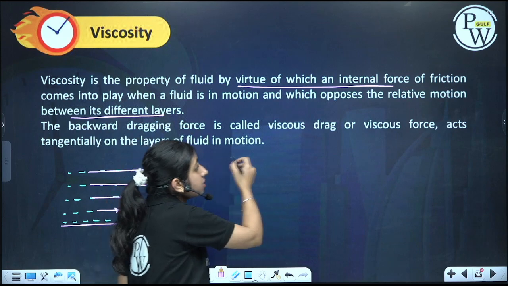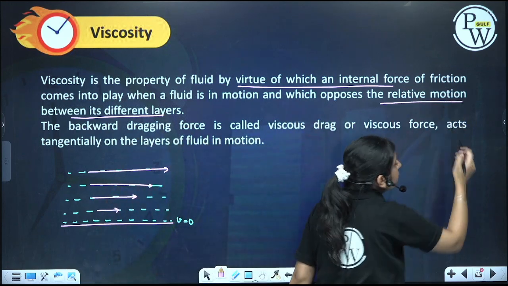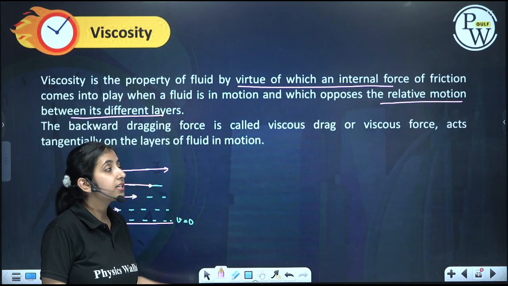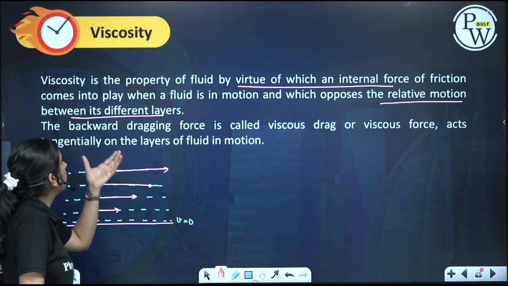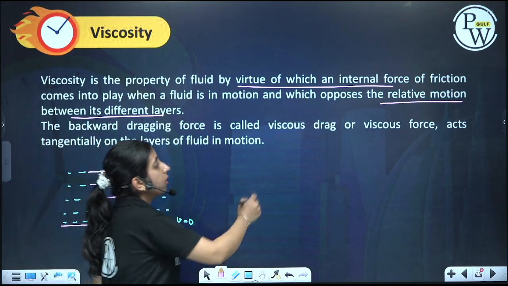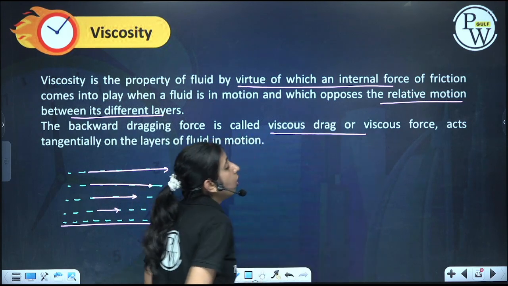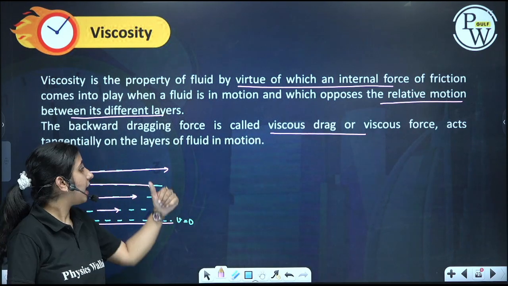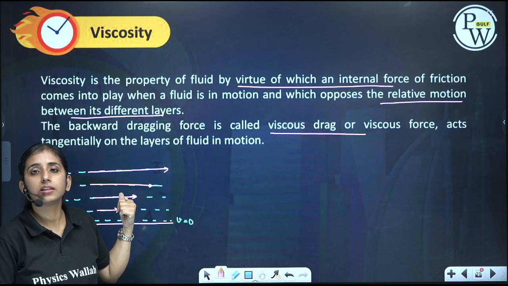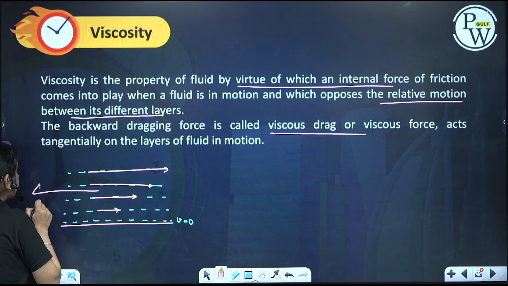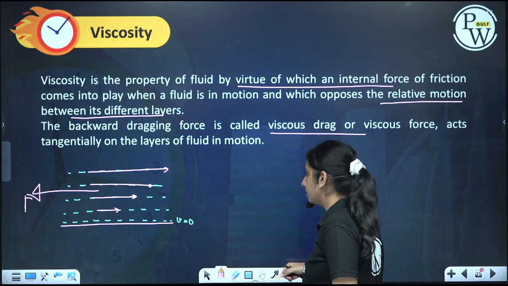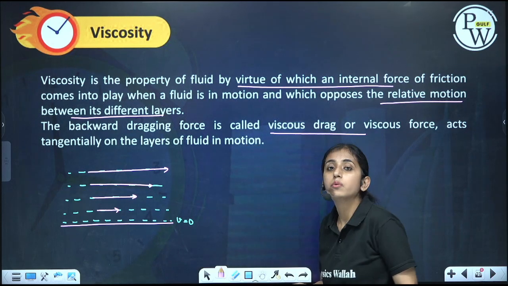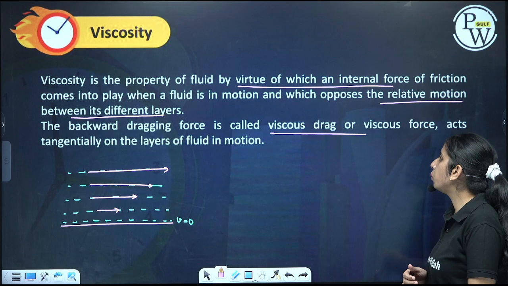This backward dragging force is called the viscous drag or viscous force, which acts tangentially on the layers in motion. So a viscous force F acts backwards between the layers like this. This is called viscous drag.